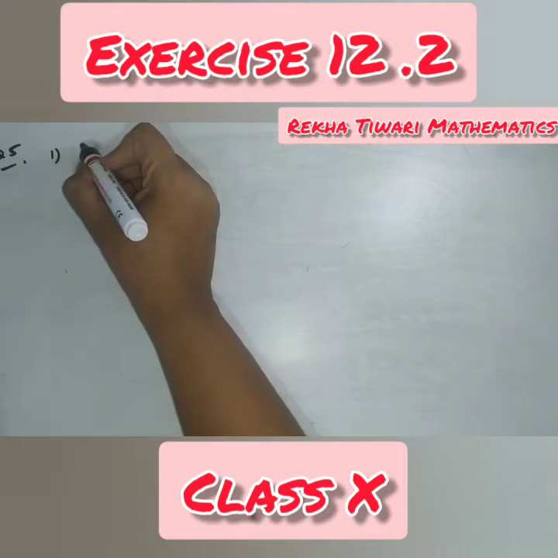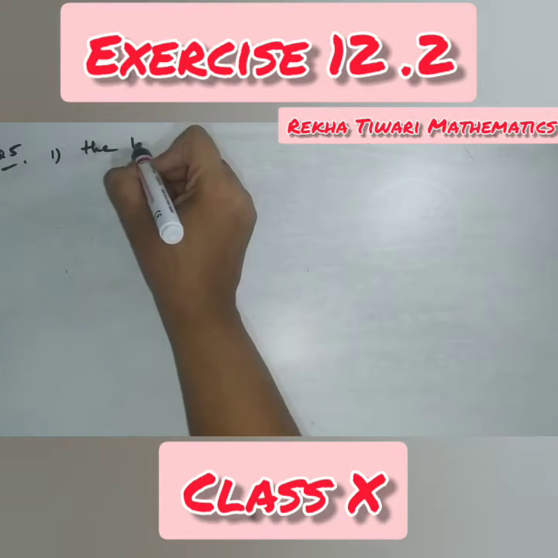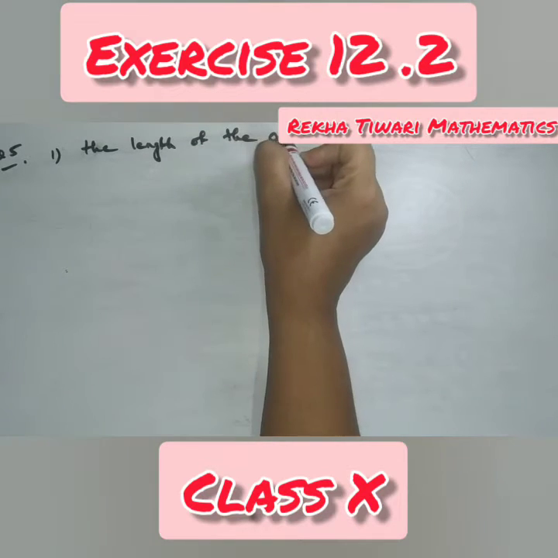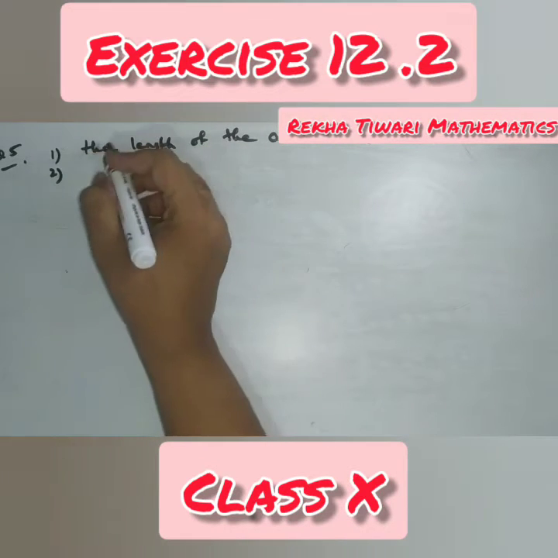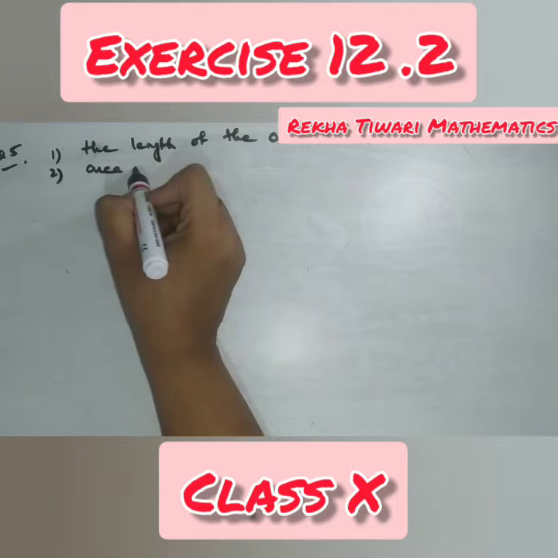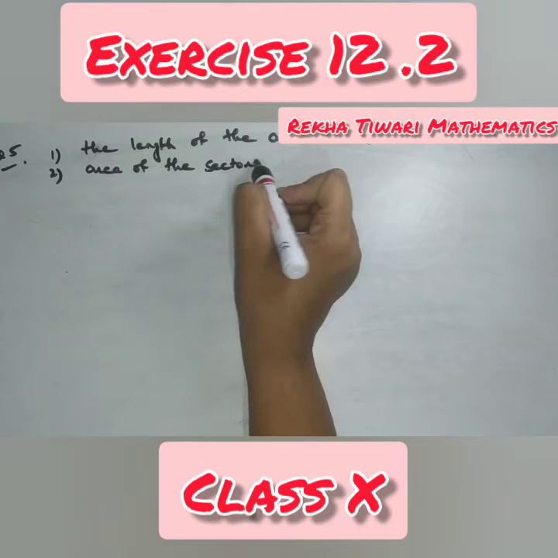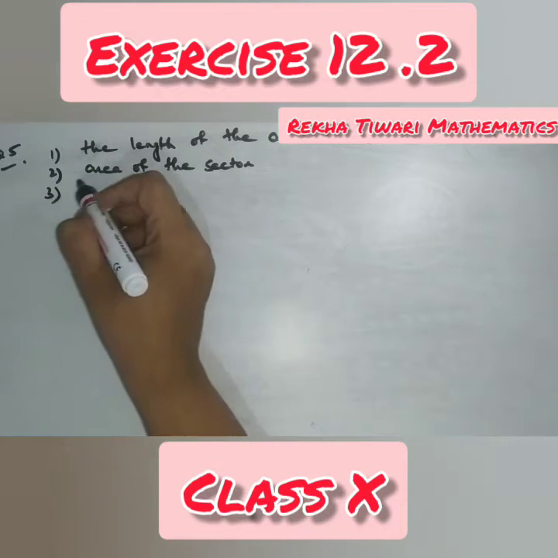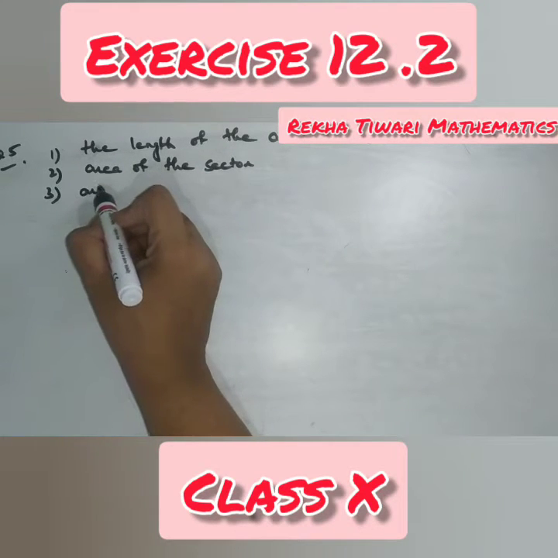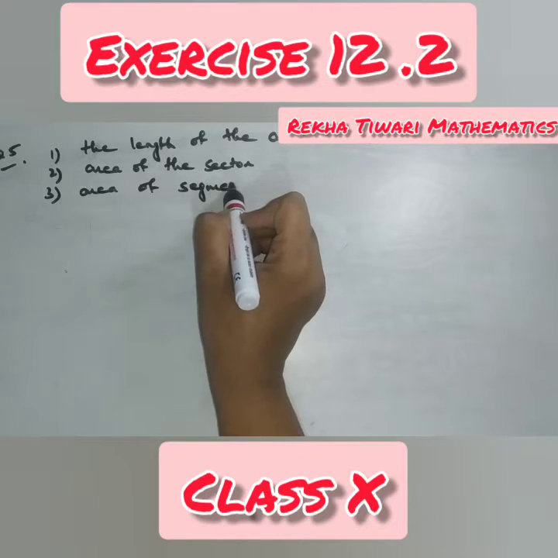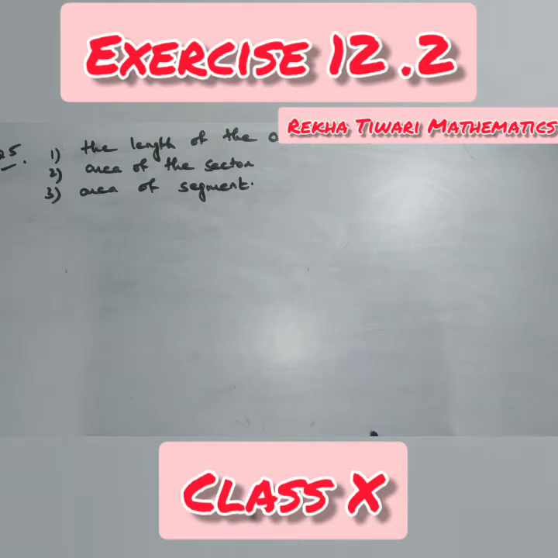First you have to find out the length of the arc. Okay. Second, you have to find out area of the sector formed by the arc. And thirdly, you have to find out area of the segment formed by the corresponding chord.